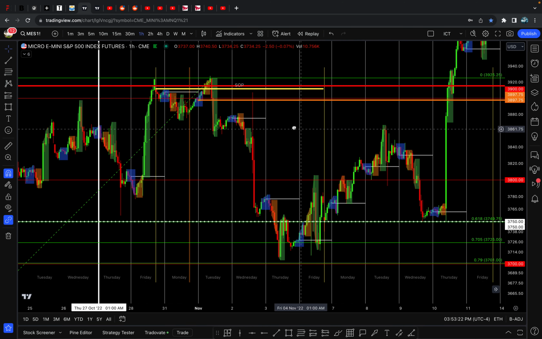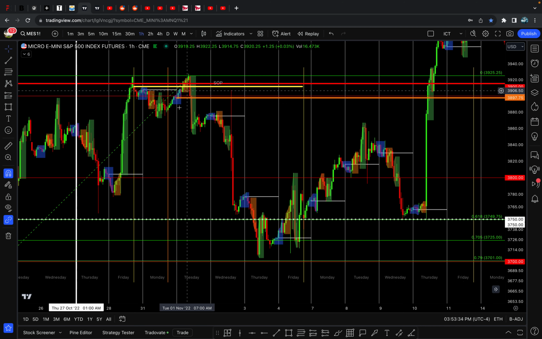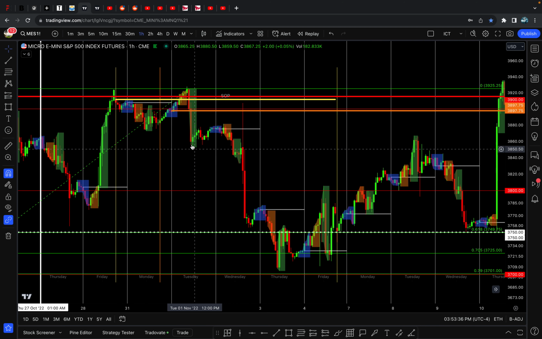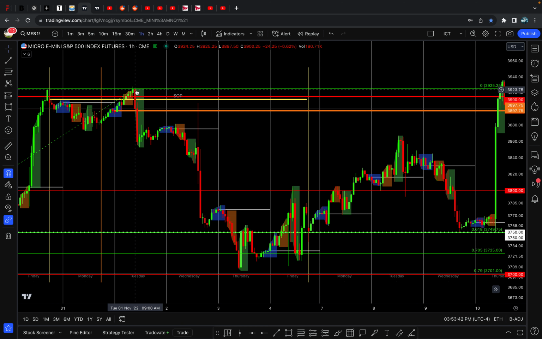So this is Sunday opening price. Now look at the pattern, same pattern I've been talking about. Makes the high right here, the first quarter of the first half, which is Tuesday, and look when it makes the high. Right here between London and New York. Boom, makes the high.